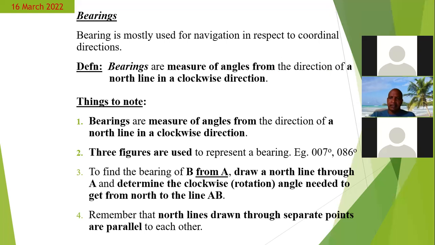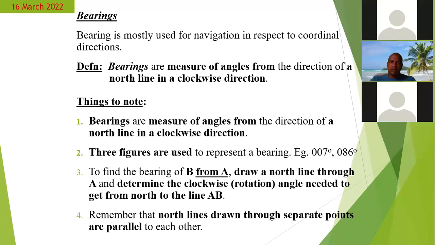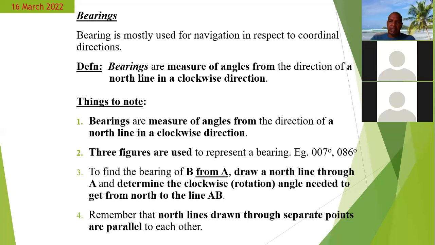All right, so moving along. Just to quickly go back through these things to note so that you bear them in mind. Bearings are measures of angles from the direction of a north line in a clockwise direction. So you always have to have a north line when you're measuring bearings.